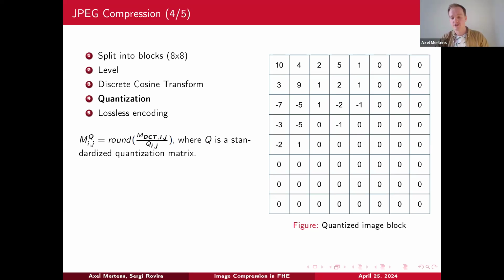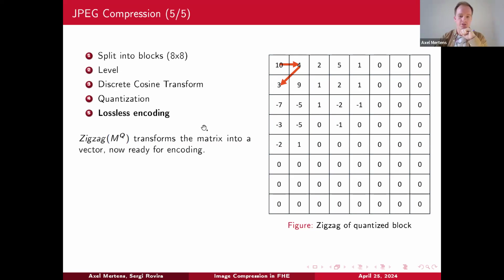And this matrix is actually also the reason we use 8x8 blocks, because the most standardized matrix is 8x8. So then we divide and round, and we get a lot of zeros in there. These zeros are centered around the higher frequencies, which is important because that's what we'll use to actually compress the data.